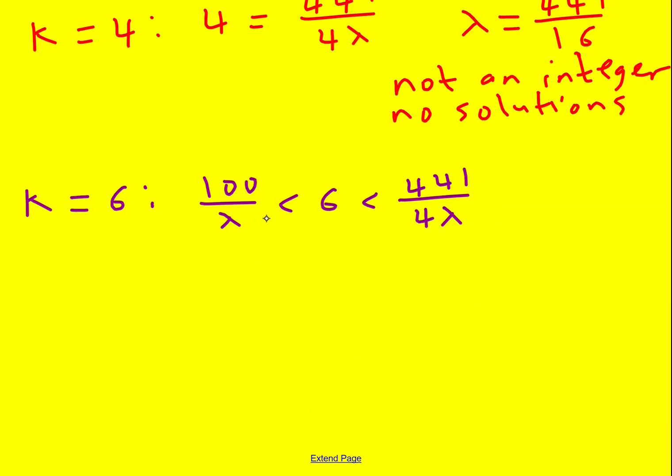We can multiply through by lambda and divide through by 6. Remember, lambda's constant. So 100 over 6 will be less than lambda, which will be less than 441 over 24.